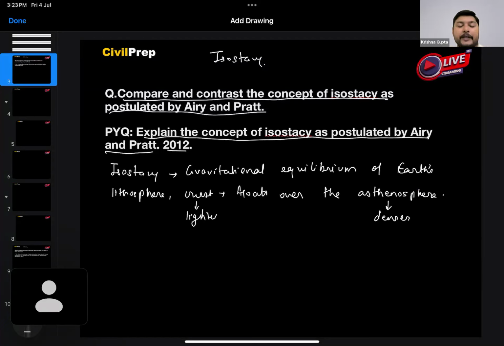Because of these variations, we have mountains, plateaus, plains and other features.